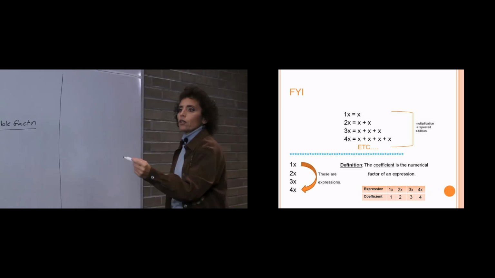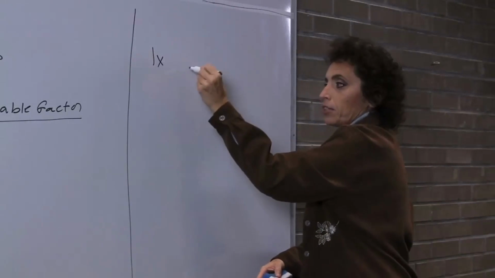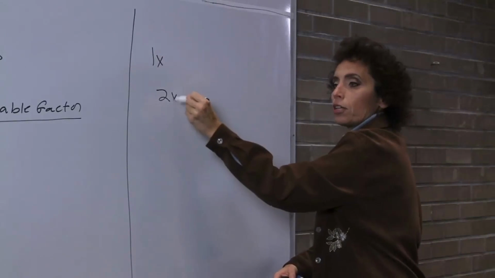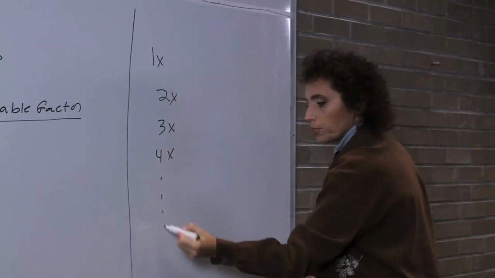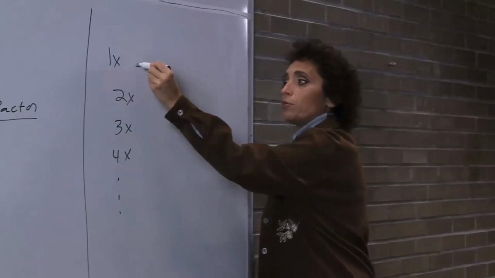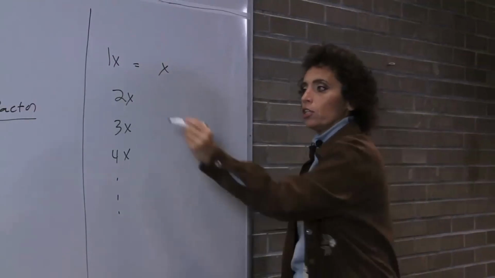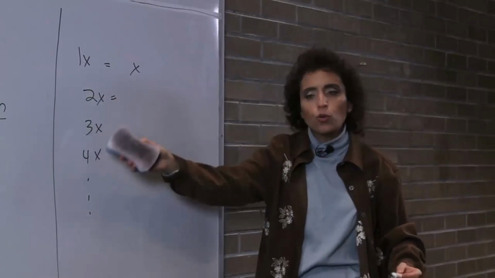Okay, so we have 1x, let's say. Let's talk about what that means. 2x, 3x, 4x, and etc. We can keep going if we want. Let's talk about what this means. 1x means 1 times x, or just x. 2x, remember this is multiplication. It means 2 times x, or 2 x's.